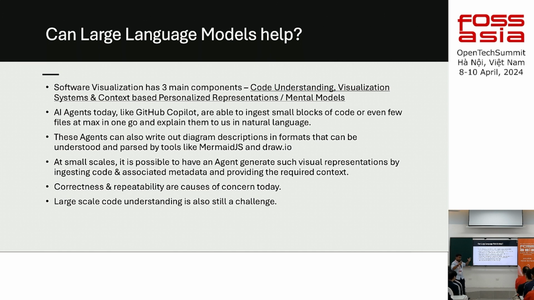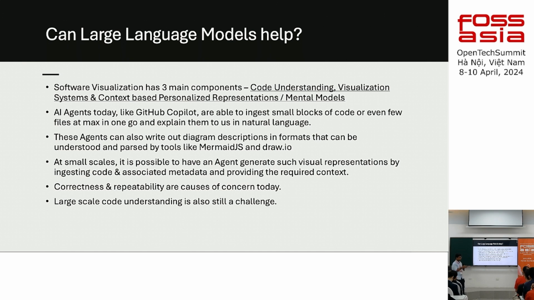But if it's a very big application, then I'll actually get boxes that basically say order inputs, order processing, order validation. That does not actually give you details about the exact implementation, but only a high level overview of what the code base is doing. And they may or may not be correct, because hallucinations and correctness and repeatability of large language models are a problem. But you can work around this too.